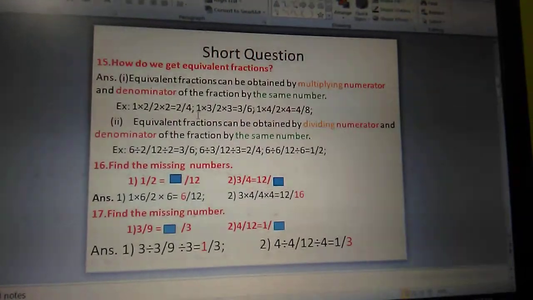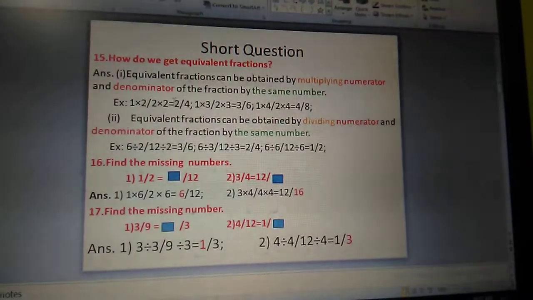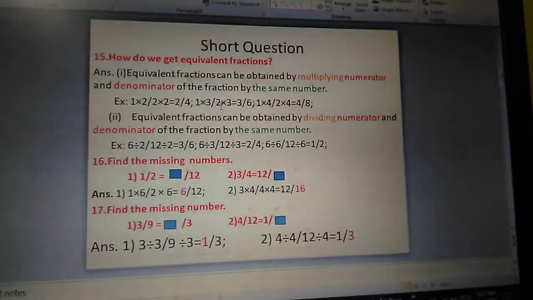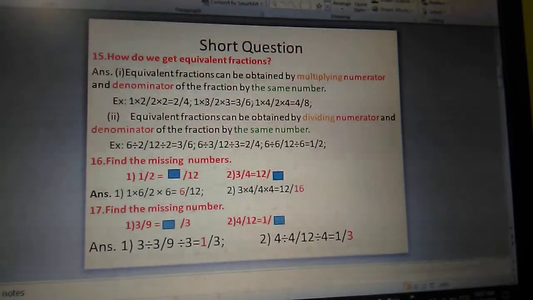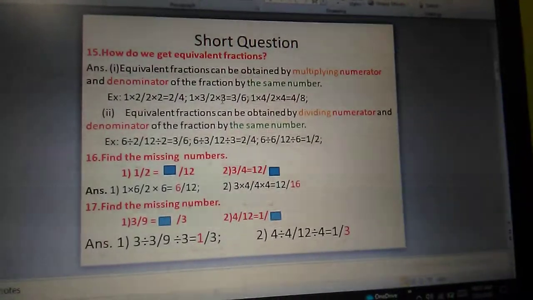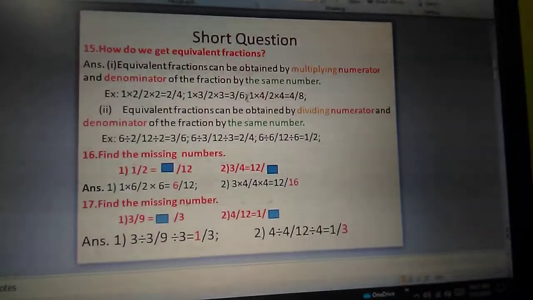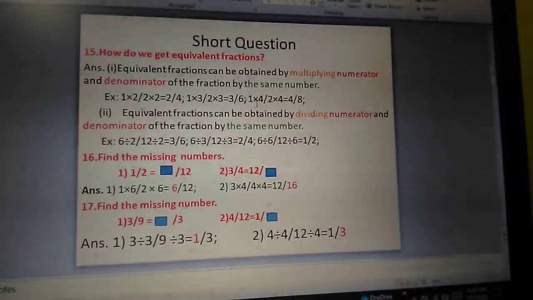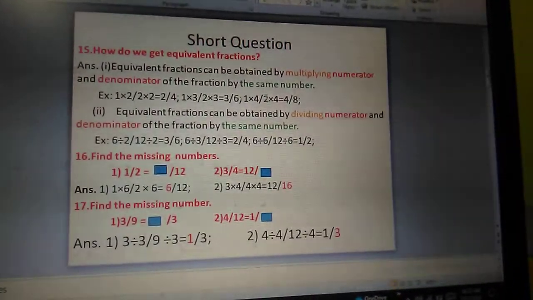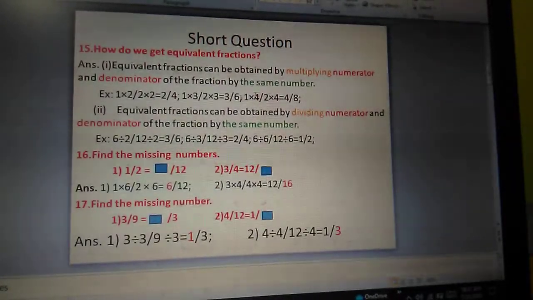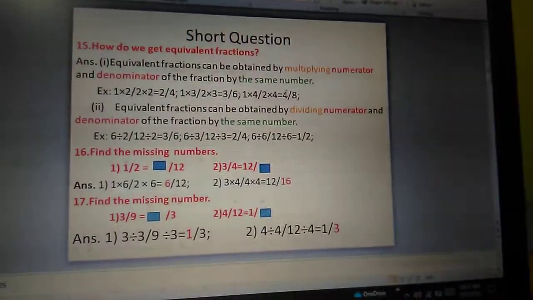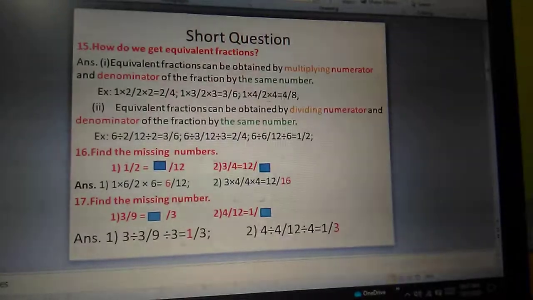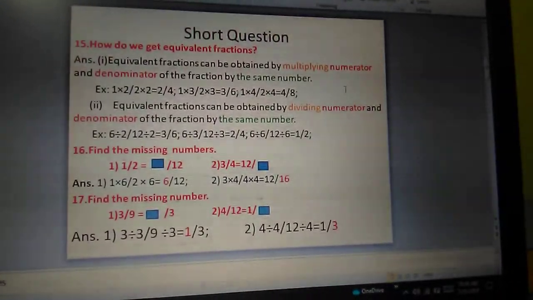Again, look here, 1/2, we multiplied by 3 and 3, so it is 3/6. This is also equivalent to 1/2. Again here 1/2, we multiplied by 4 and 4, we got 4/8. This is also equivalent to 1/2. So all of these are equivalent fractions.